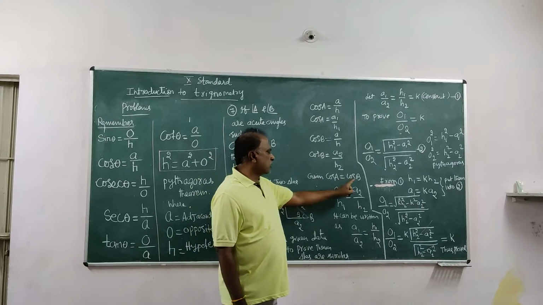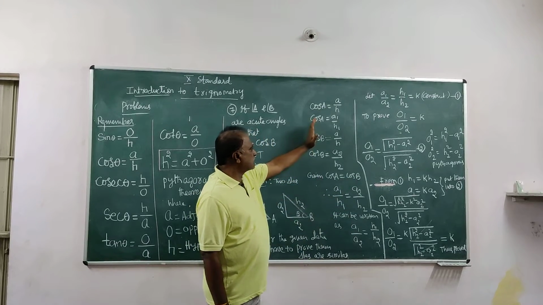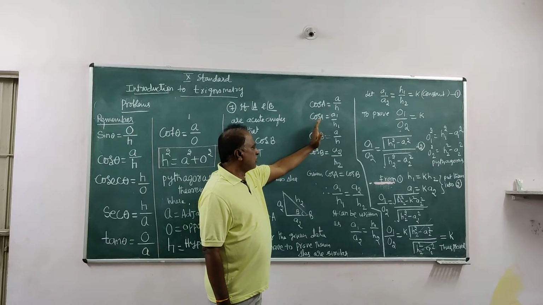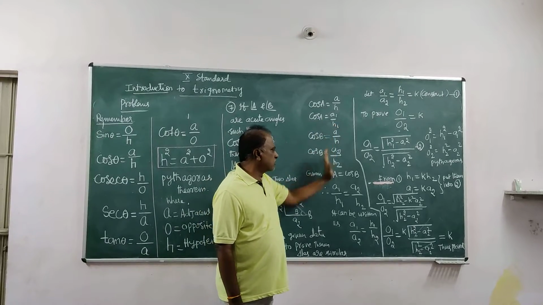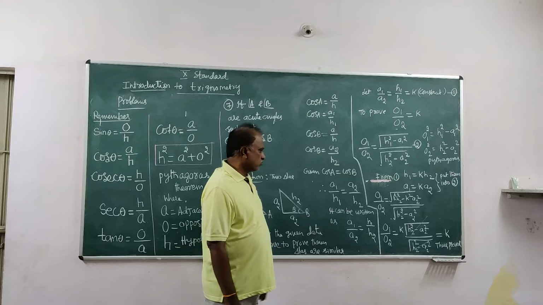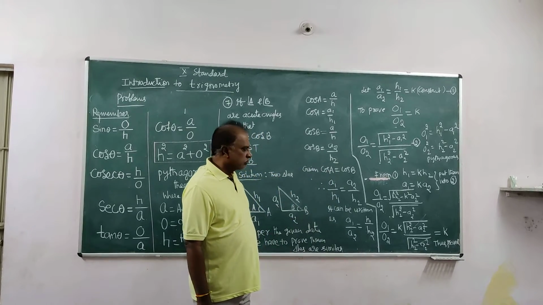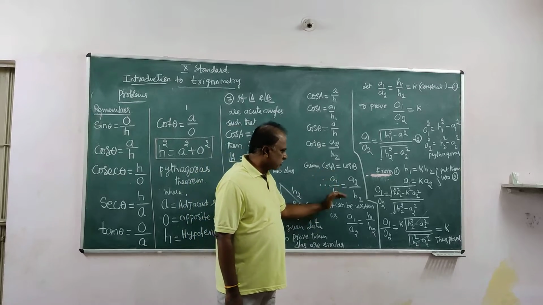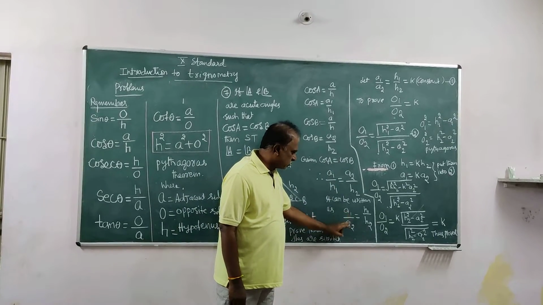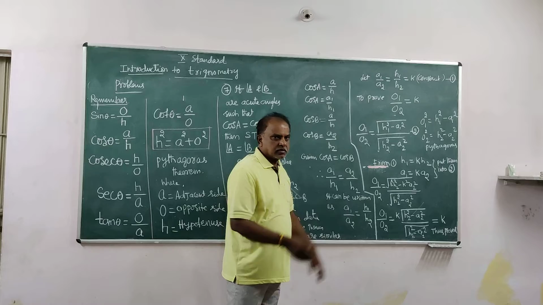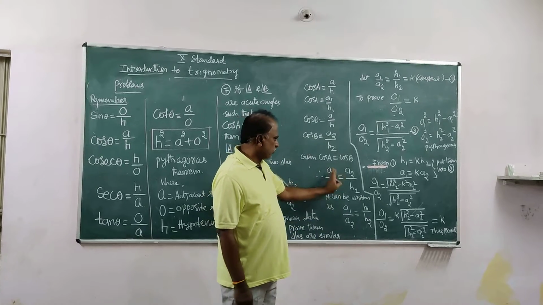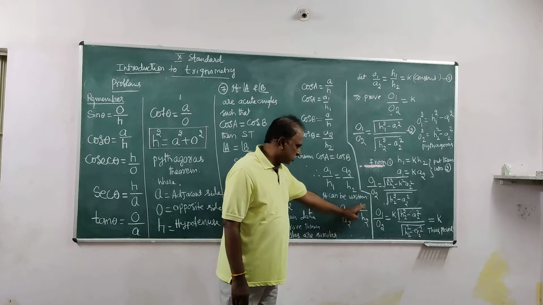Given cos A equals cos B, then the left hand sides are equal. If the left hand sides are equal, then right hand sides must be equal. This is the equation we get. It can also be written by interchange, cross multiply, that is A1 by A2 equals H1 by H2.